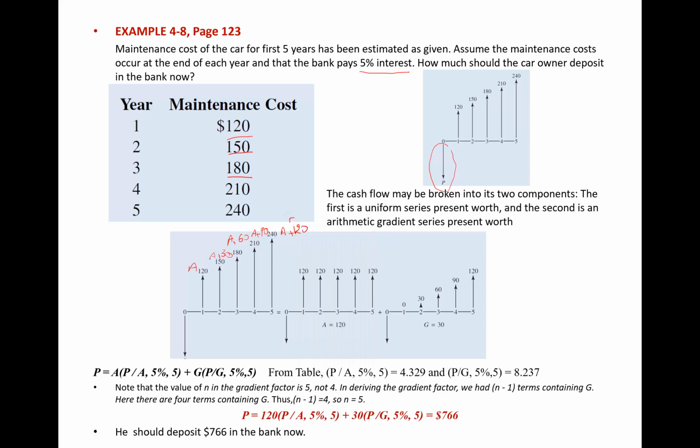So there is an increase of $30. So we can divide this cash flow in one cash flow with a uniform series 120.